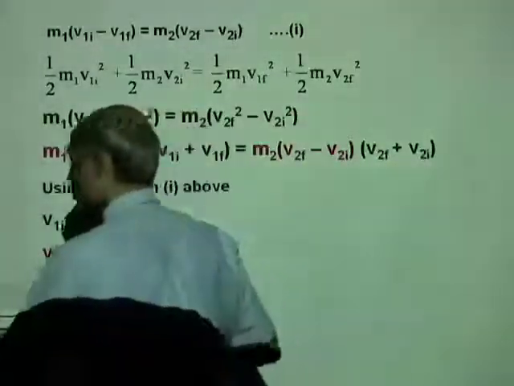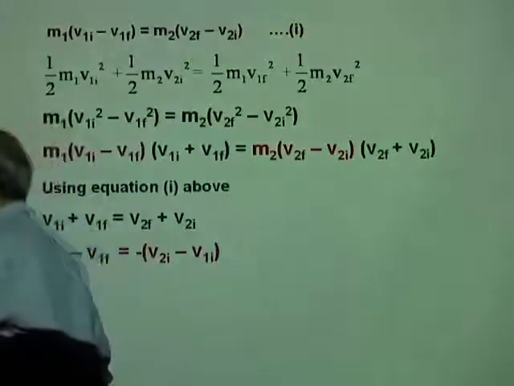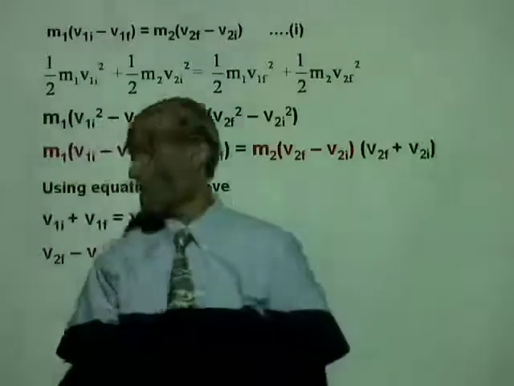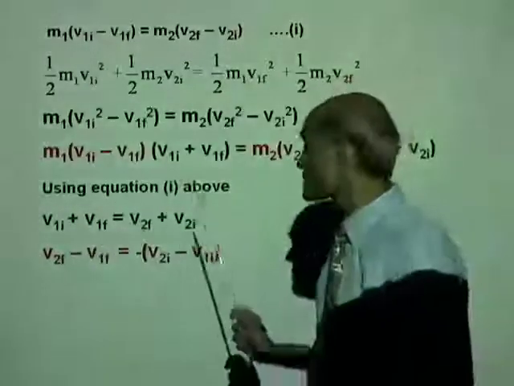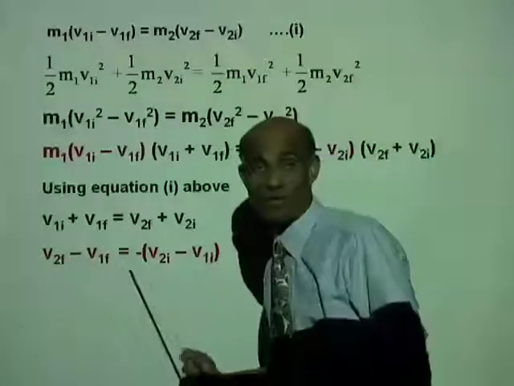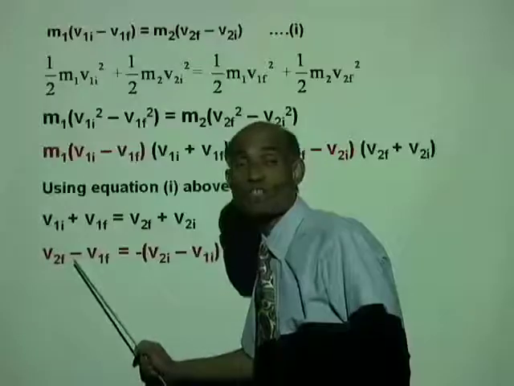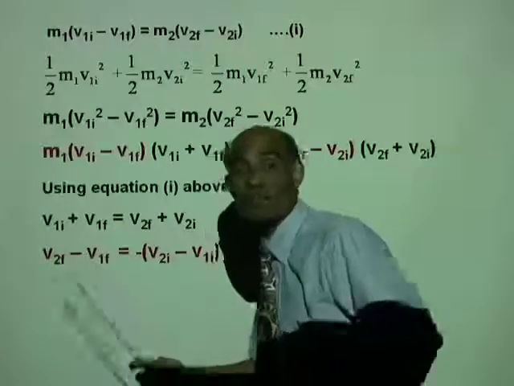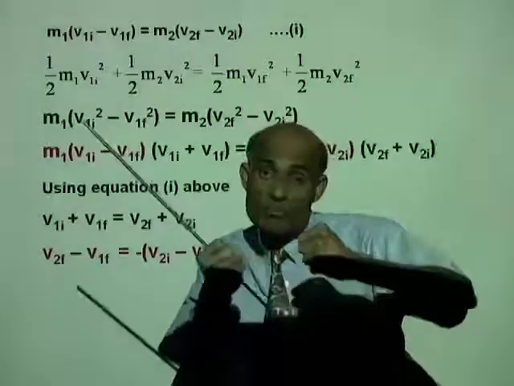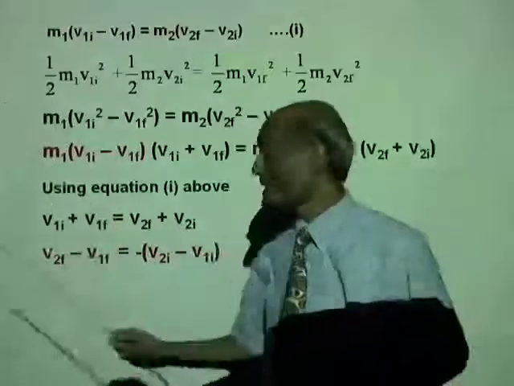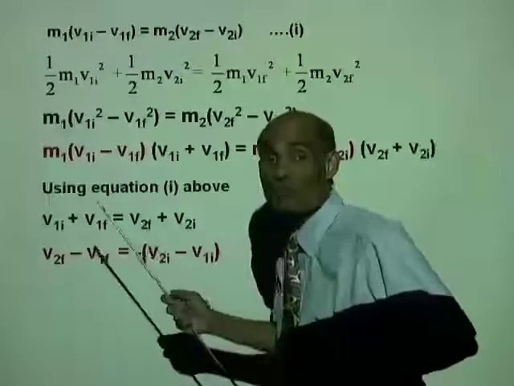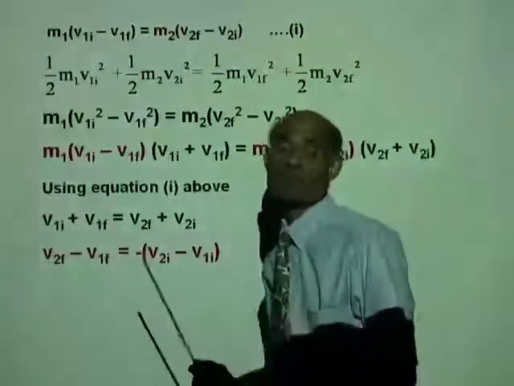Now that's an important quantity in collisions. That means for an elastic collision, the velocity with which they move away from each other is the negative of the velocity of approach.